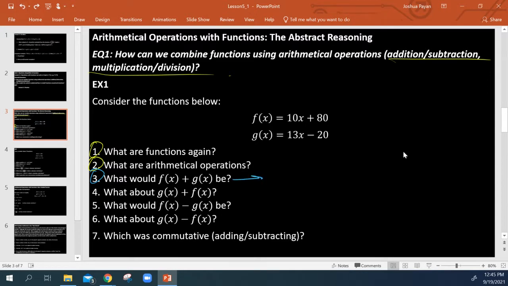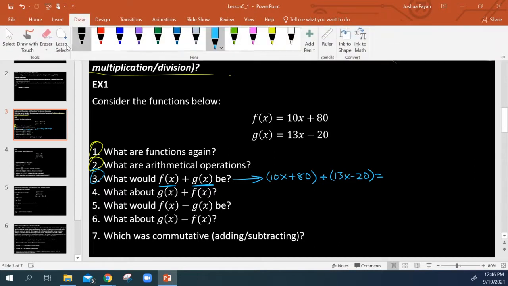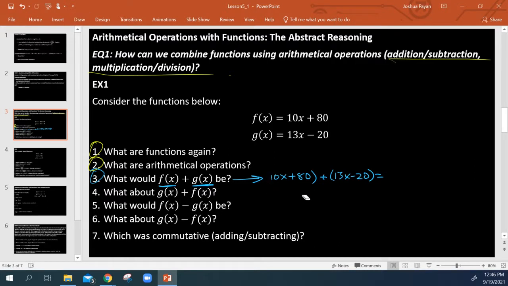So all we're saying here, so f of x, well, we know that that's 10x plus 80. And we're adding it to g of x. Well, we know that's 13x minus 20, right? Now, what is this equal to? Well, it's simple math, right? So do I need any of these parentheses? Well, no. There's not anything being distributed into them, save for an imaginary positive 1, right?